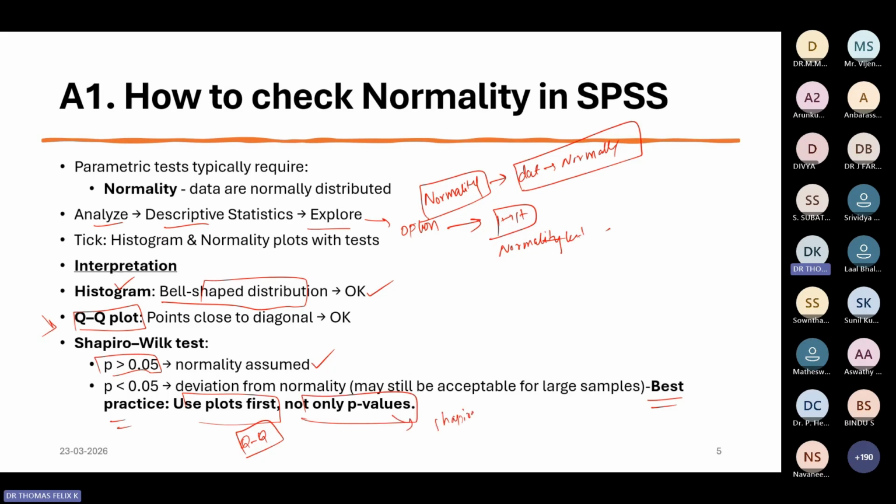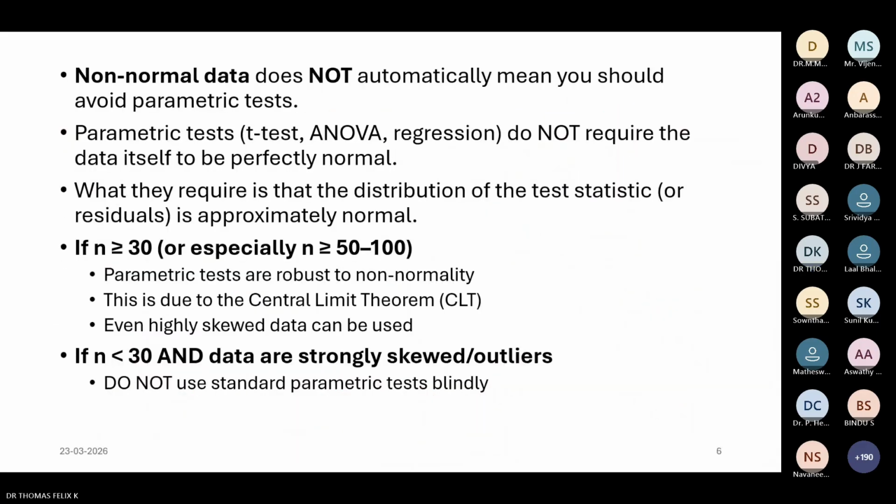The data should be distributed around the line. If it is distributed otherwise, then we can say that the data are not distributed normally. That is the major thing.